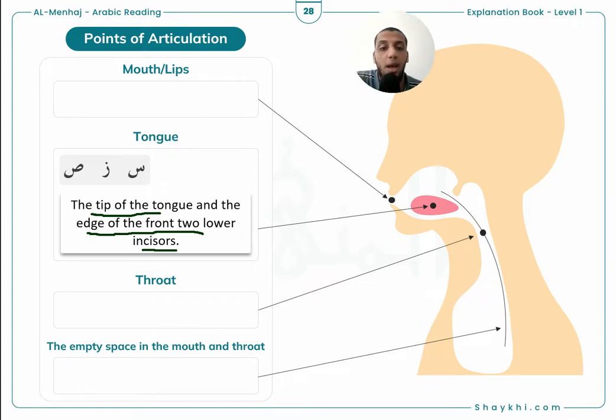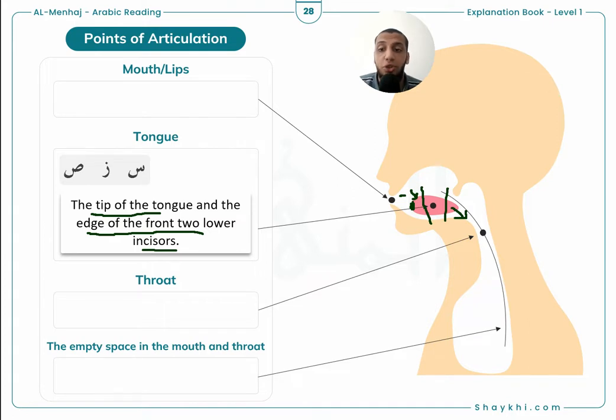As we know, it's divided into three parts: the head part, which is nearest to the mouth, the back part, which is nearest to the chest, and the middle part. So the tip of the tongue is the first part of the head part of the tongue. So the tip of the tongue and the edge of the front two lower incisors.